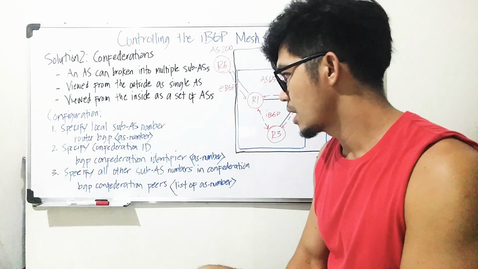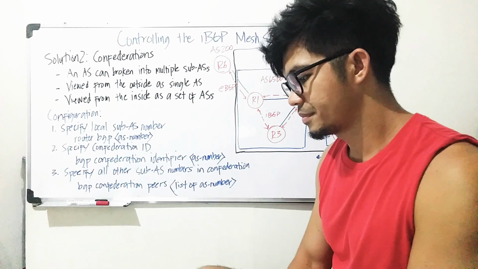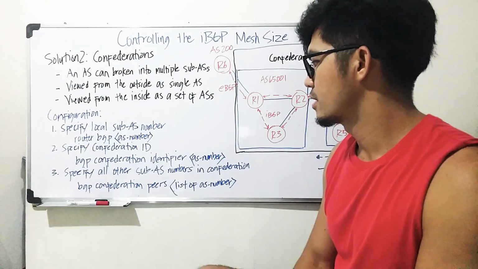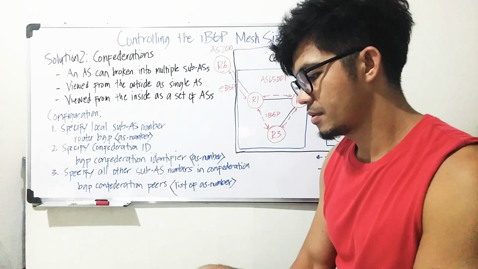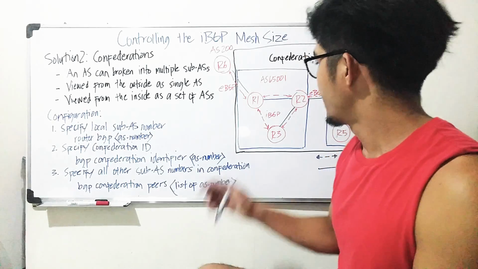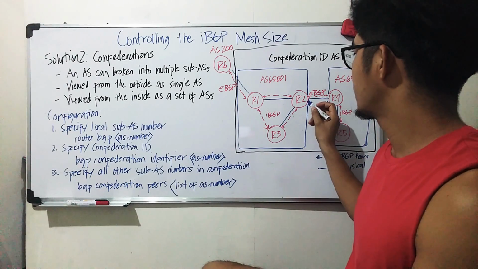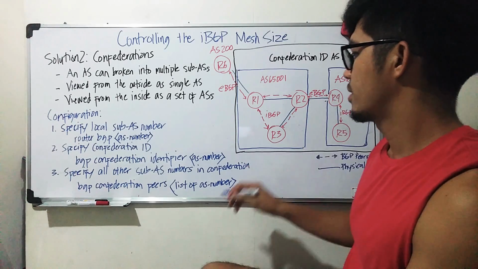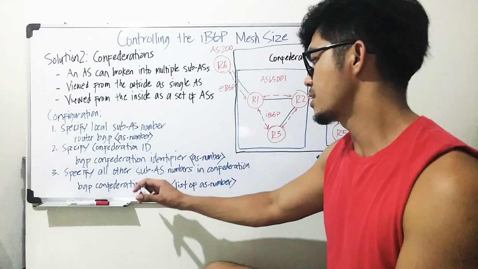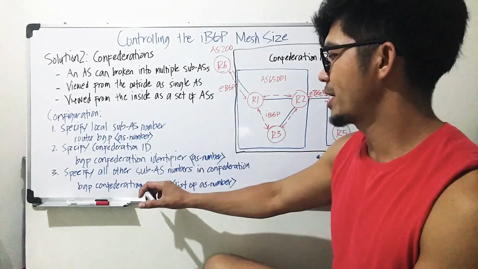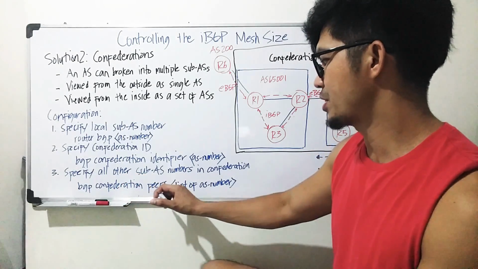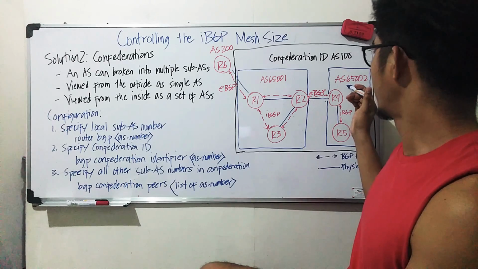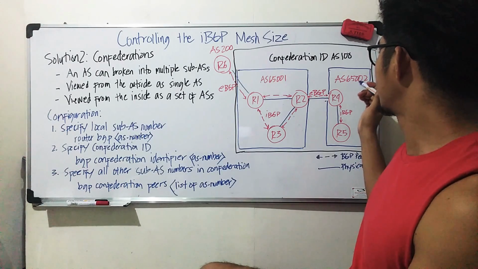Number 3 is to specify all other sub-AS numbers in the confederation. In this case, R2 will have a BGP peering with R4, so you have to specify this command: bgp confederation peers and the remote AS number, in this case 65002.